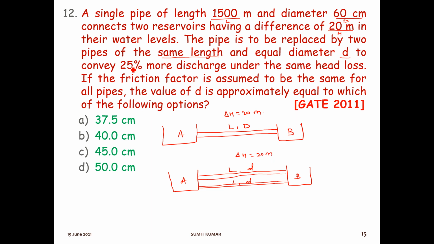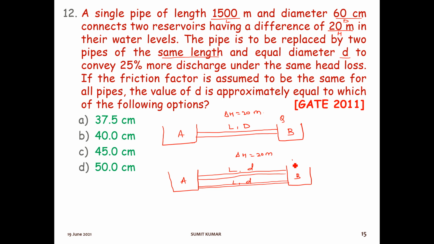Now come to this question. To convey 25% more discharge. So here if this Q was, suppose, Q, after replacing this single pipe with the two identical pipes, here what is Q?